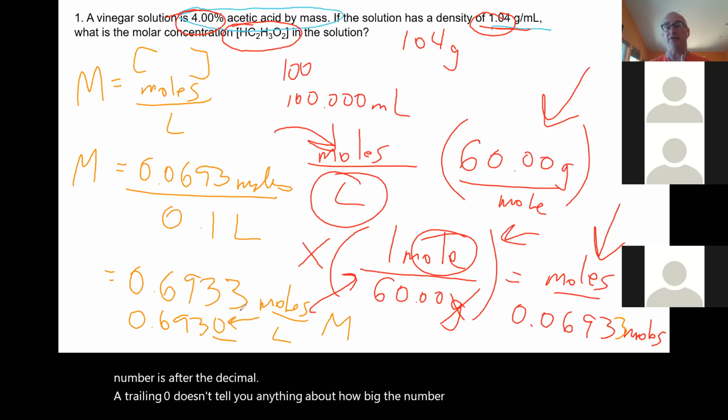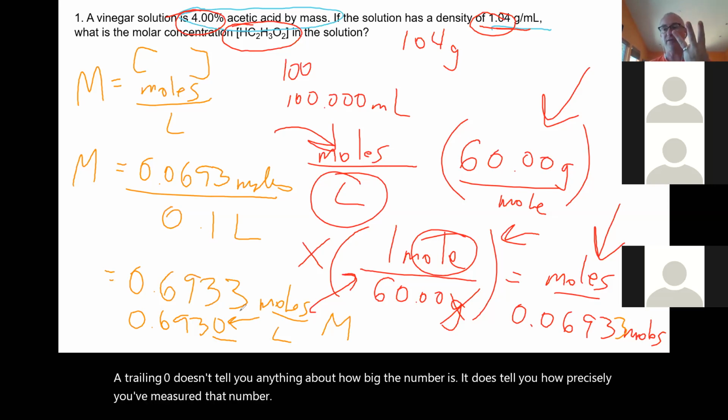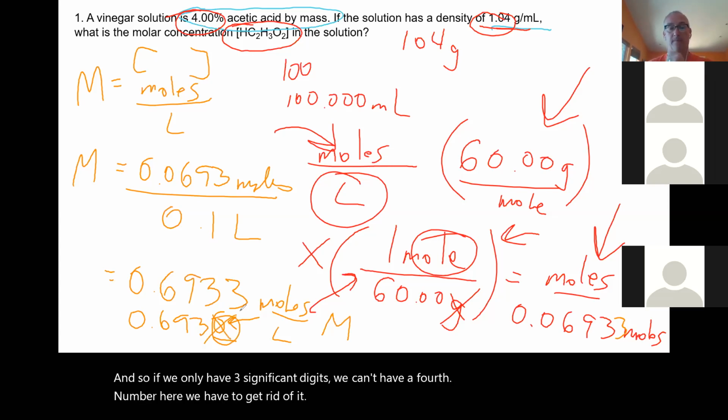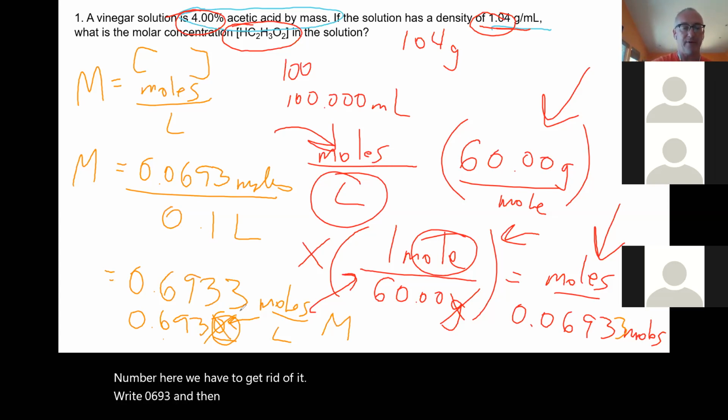It tells you how precisely you've measured that number. So if we only have 3 significant digits, we can't have a 4th number here. We have to get rid of it. It'd be 0.693 and then stop, because that number has 3 significant digits.